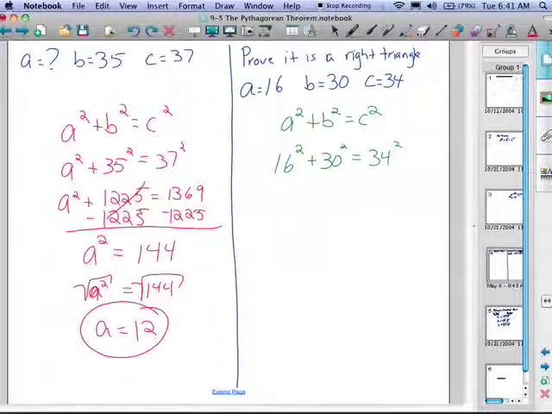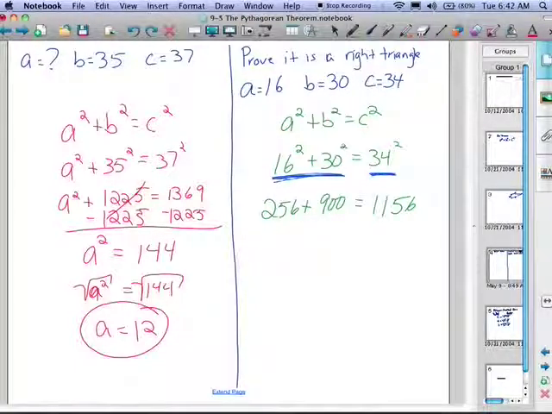And the way I need you to think about this today is, I hope this math equals this math. So it's just like checking an equation. I hope the math on the left is equal to the math on the right. So we are going to simplify things down, and we'll do the left first. 16 squared is going to be 256, and 30 squared is going to be 900.